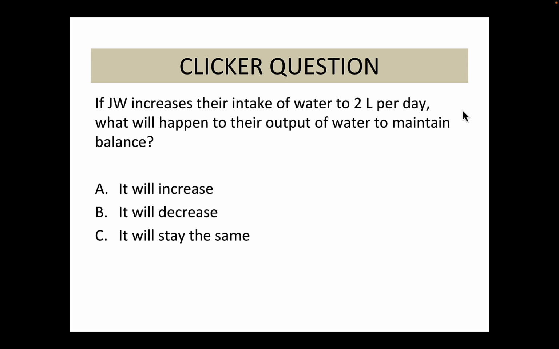What if they increase their water intake to 2 liters? So input is increased to 2 liters. What happens to their output to maintain balance? They'll have to increase their output to 2 liters as well. So any increase in input has to be met with an increase in output.